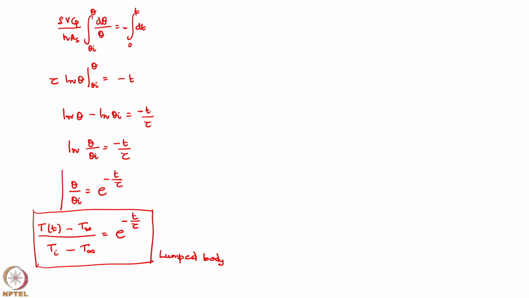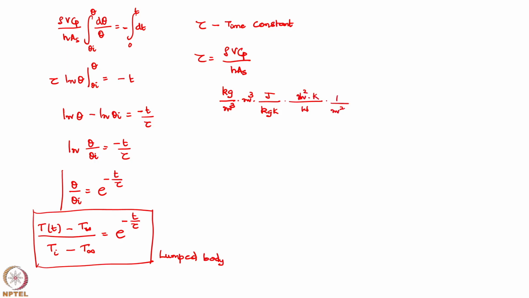Now what is this tau? Let us try to understand. Tau actually is called the time constant. So tau is equal to rho V Cp divided by h A s. If you take the units, rho is kg per meter cube, volume is meter cube, Cp is joule per kg Kelvin, and h is watt per meter squared Kelvin, and surface area is meter squared.